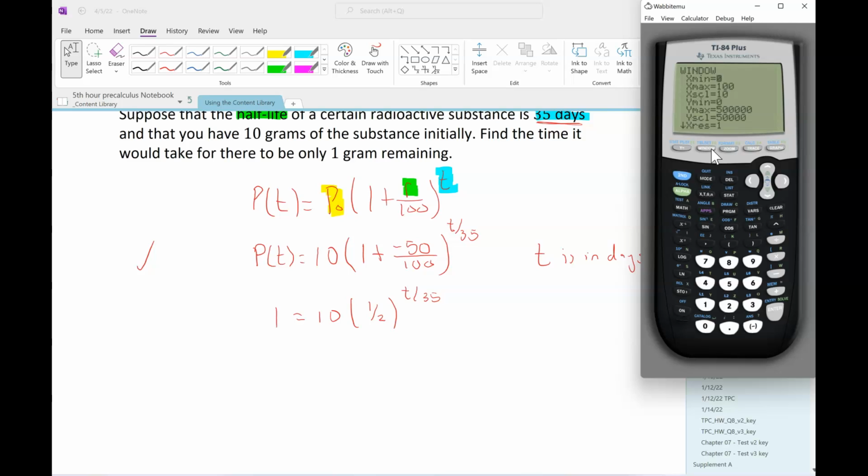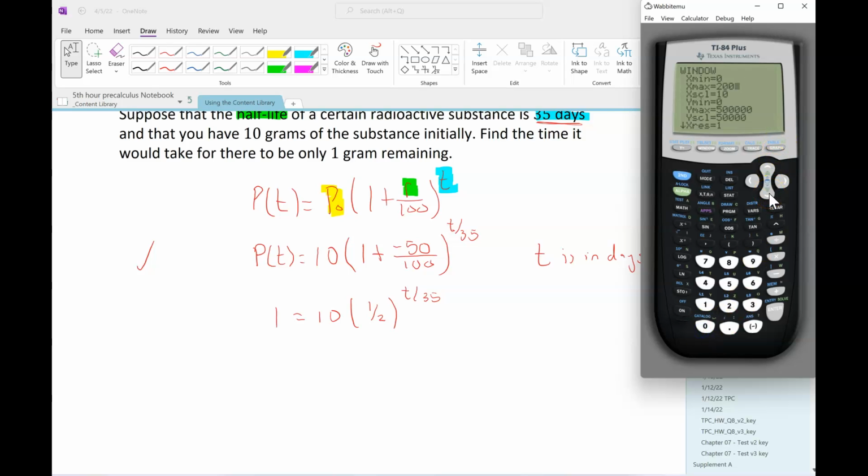So the X's are times. So after 35 days, I'd have like 5 grams. After 70 days, I'd have 2.5. After 105 days, I'd have like 1 1/4. So it's going to be at least 105 days. Let's just make it 200. We'll probably see it by then.